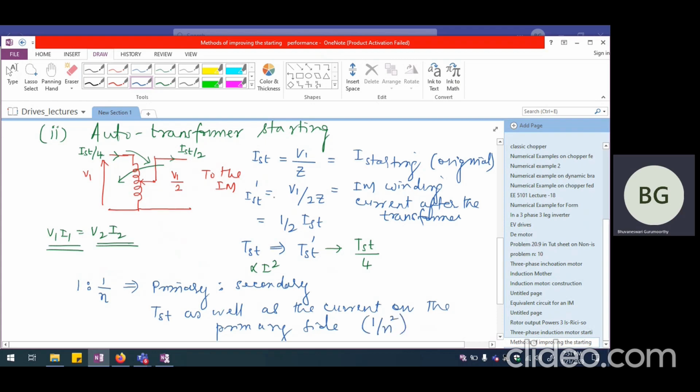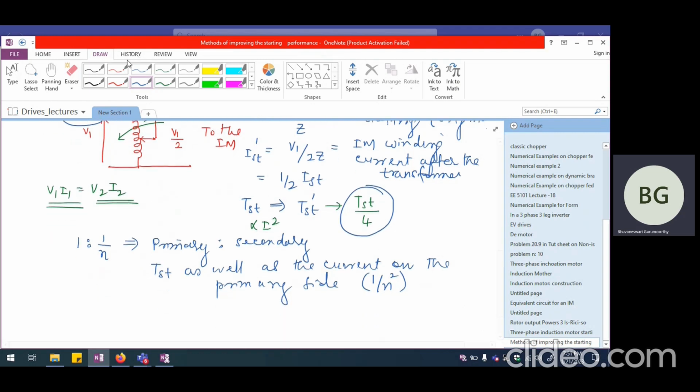Because we just saw that with a turns ratio of 1:1 by 2, the starting torque is decreased by a factor of 1 by 4. The same way, the current is also decreased by a factor of 1 by 4. So we generally see that the auto transformer starting definitely decreases the starting torque as well as current.